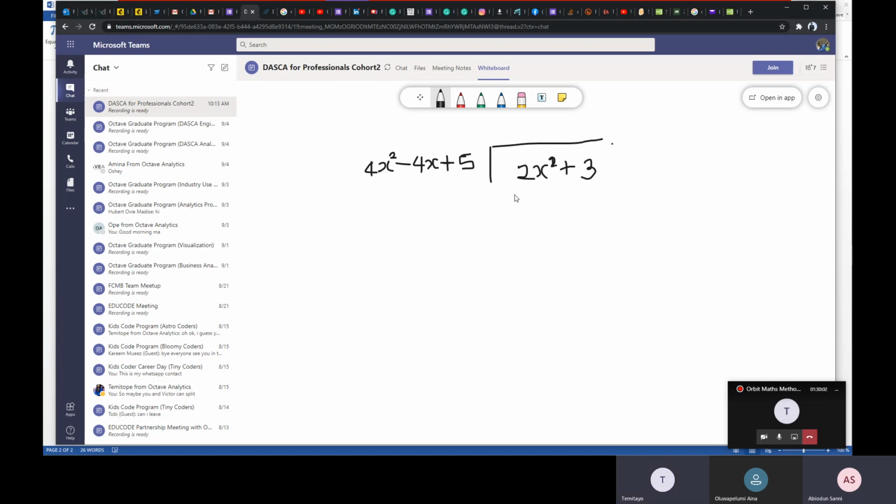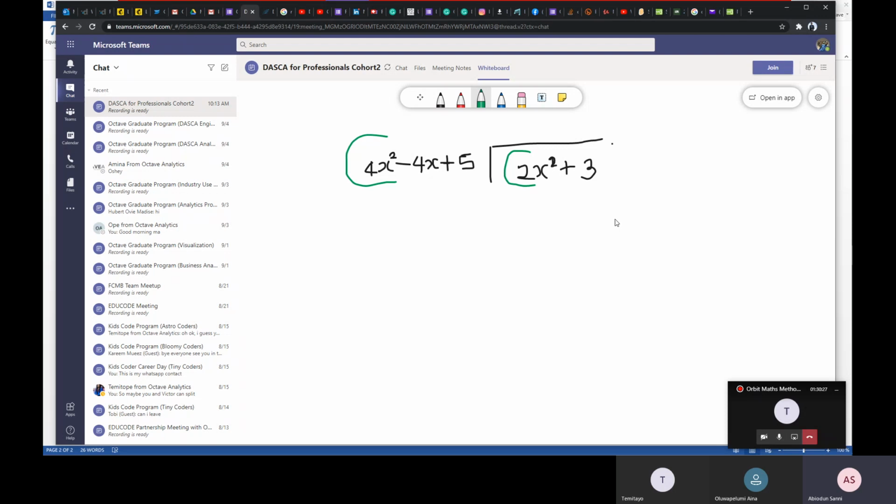You arrange it in the order of degree. The highest degree comes first, and this way you do the division. You use the highest degree to divide, which is 4x squared, and you start the division from this guy too.